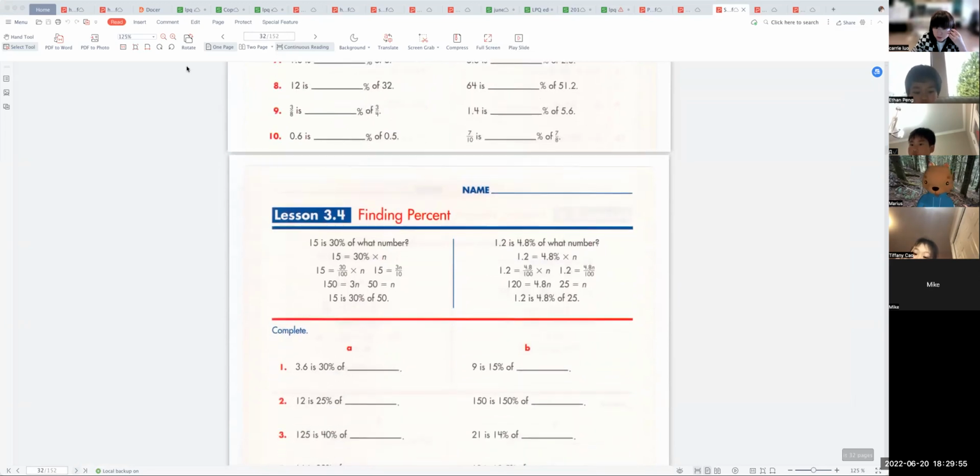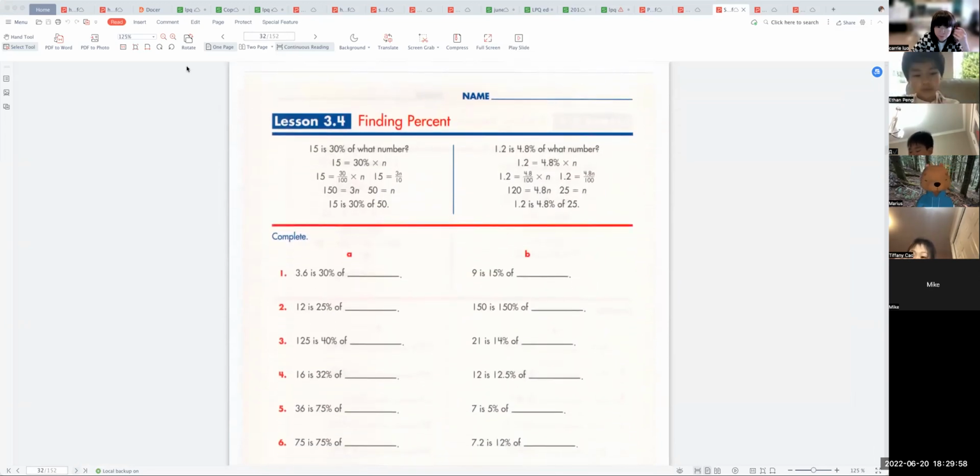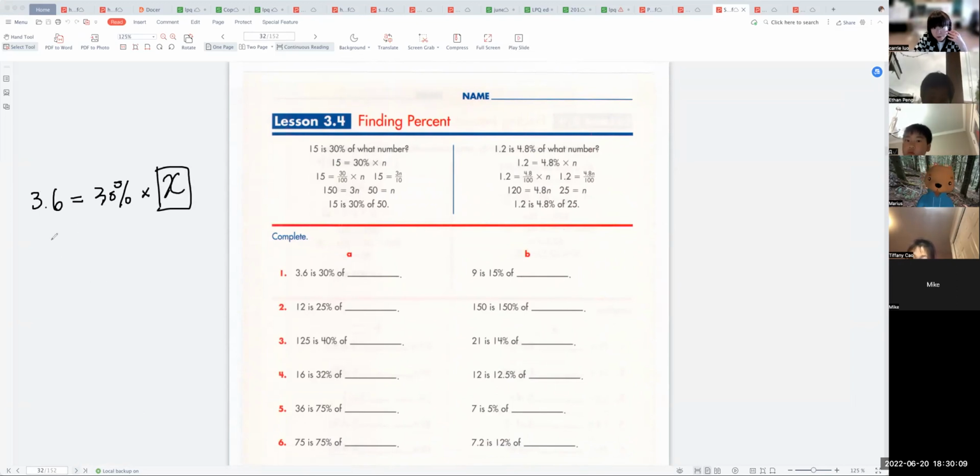Okay, so now let's take a look at this one. This time is another way around. 3.6 is 30% of X. So it's times a number. So X equals what? So this one times X equals 3.6.